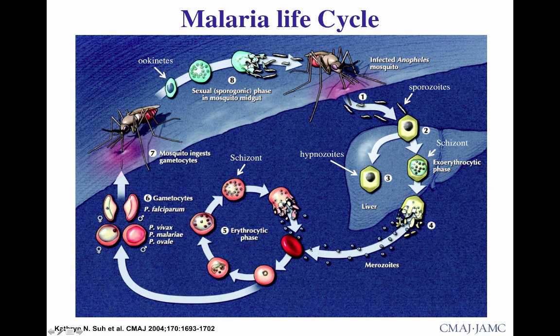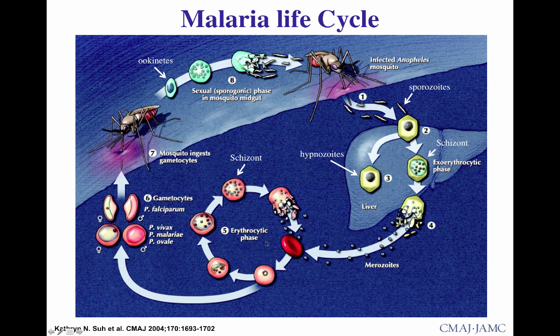So what we have over here are merozoites, which are now infecting a healthy red blood cell. They're going to begin to divide asexually until they form another schizont, and the schizont is going to eventually be able to burst to release more merozoites, continuing with the cycle of infection. And this is the part that causes severe anemia.